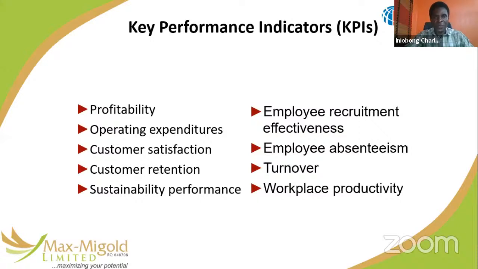So we look at KPIs. This is one thing that you must always bring into your contract document. Number one, profitability, operating expenditure. You must always want to show your CapEx and your OpEx and how they are performing.